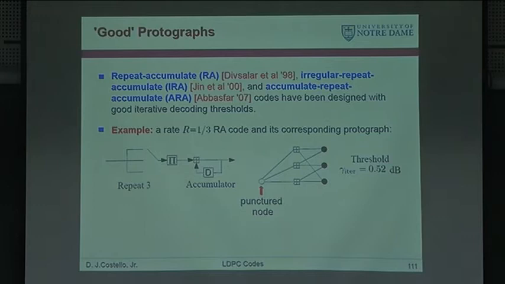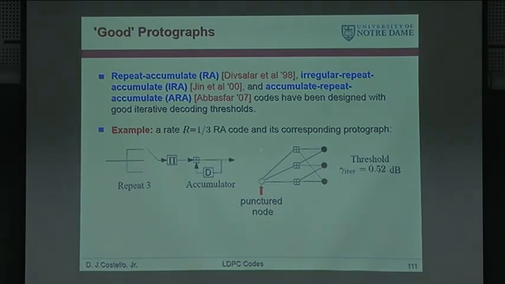If they all have even parity, the output is a 0. So that's what's nice about it, it's a very simple encoder. These codes were not invented so much with the concept of low-density parity check codes. They were invented more from the concept of simple encoding.